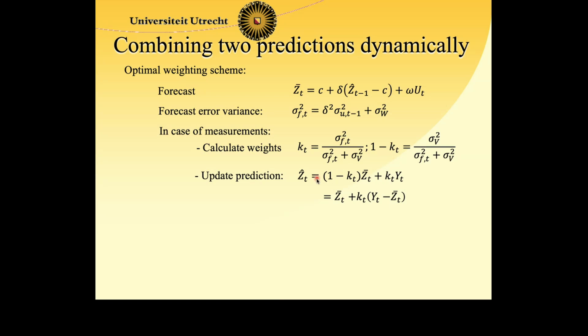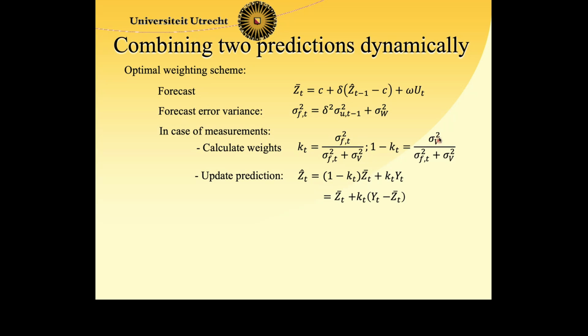So the optimal prediction at time t, what's also called the time update, including all the observations that we have until time t, would be exactly equal to the observation. Or the other way around: suppose that we have an extremely useless measurement, so the variance of the measurement error is equal to infinity.